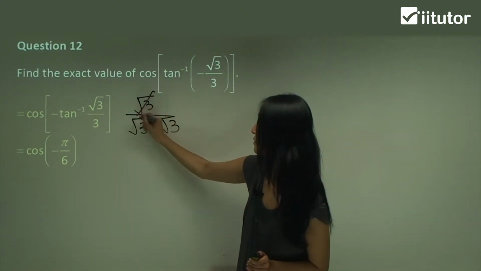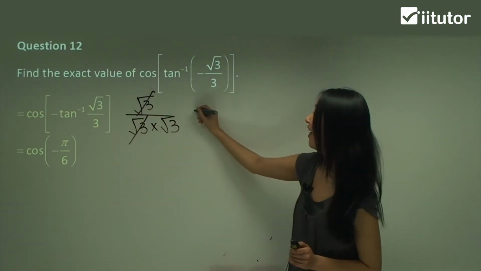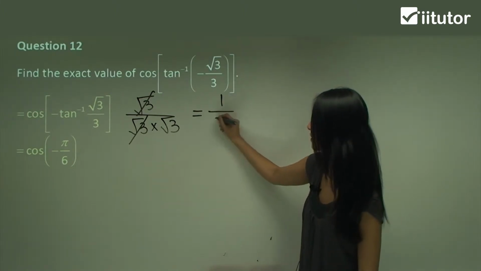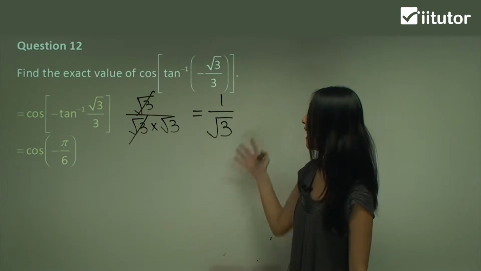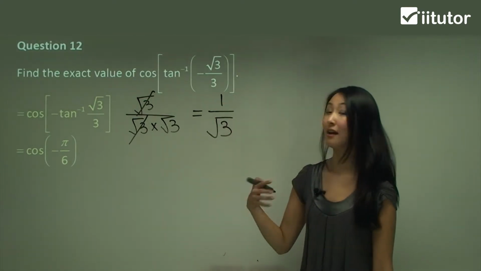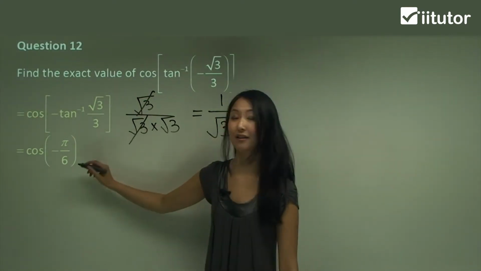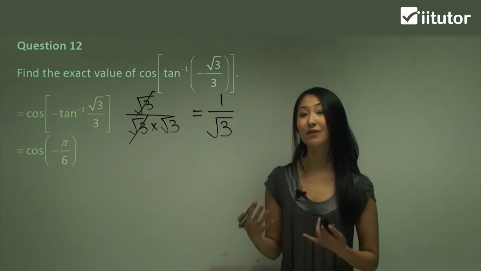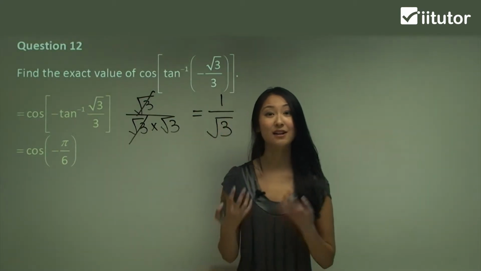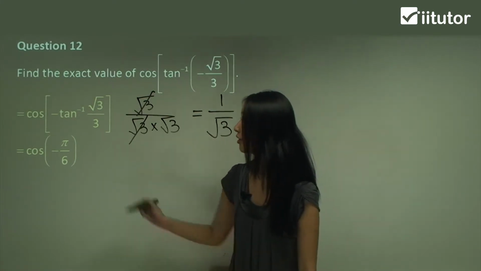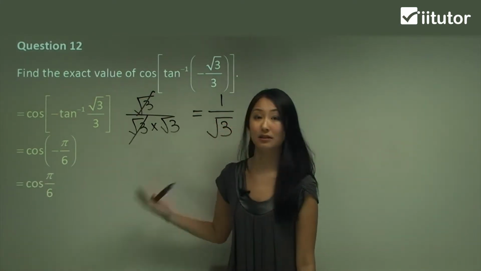We can just cancel that, and that equals 1 on square root 3, doesn't it? And inverse tan of 1 on square root 3 equals pi on 6. So now we have cosine of negative pi on 6. And based on our symmetries, we know that that negative just goes.